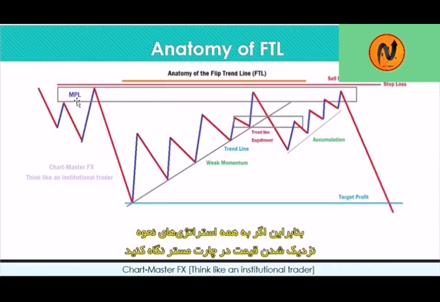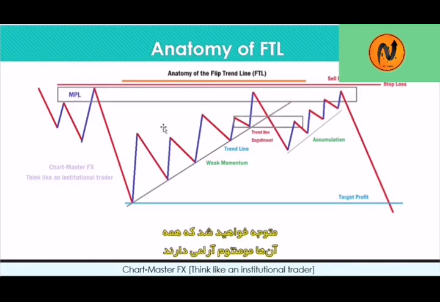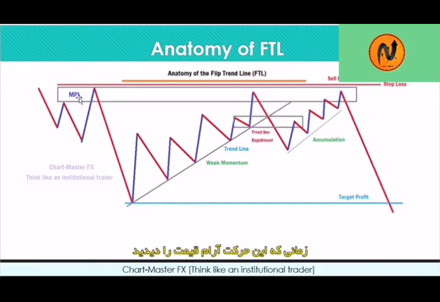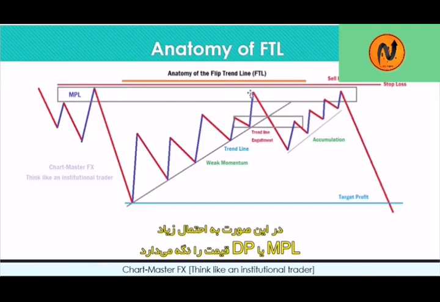So generally, if you look at all the price approaching strategies that we have at Chartmaster FX, you realize that in most of them there is a slow movement of price. The price slows down as it approaches the MPL or the decision point that the price is reacting to. So once we see that slow movement of price, then we know that most likely this MPL or this decision point will hold the price.